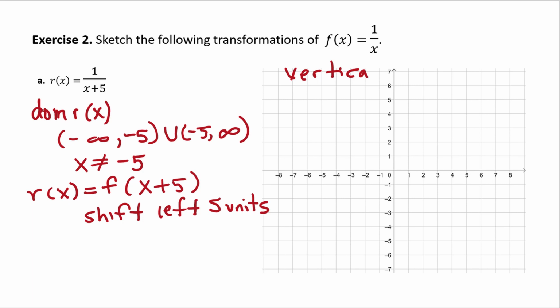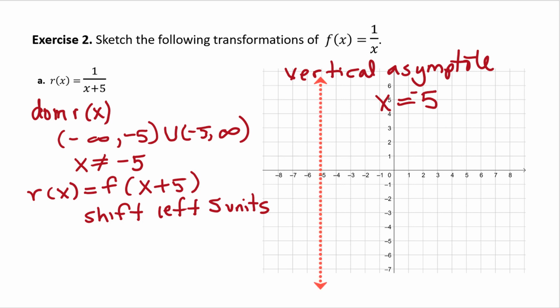Vertical asymptote. That's the line where the graph can approach but never touch, for r of x is x equals negative 5. So in conjunction, the domain cannot include negative 5. That is the vertical asymptote, and this is also the graph of 1 over x shifted to the left 5 units.